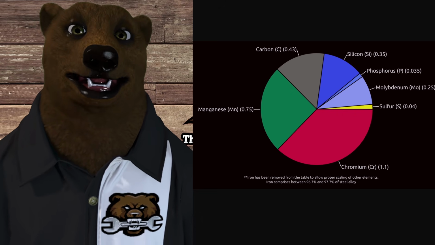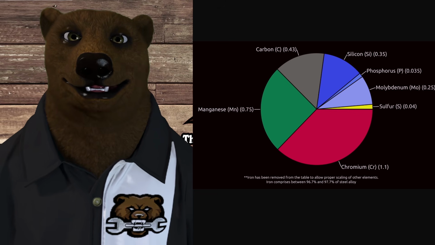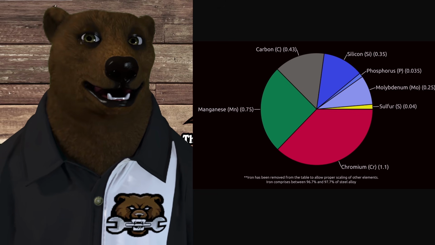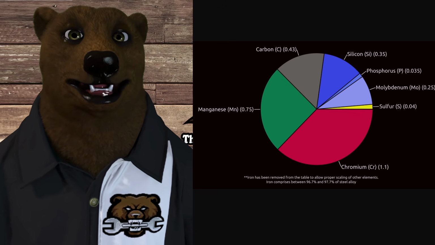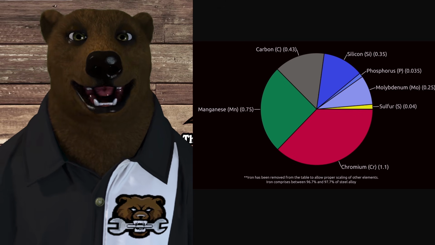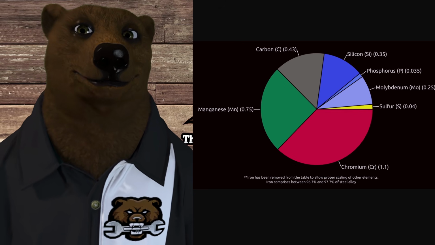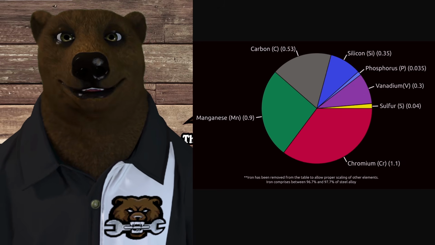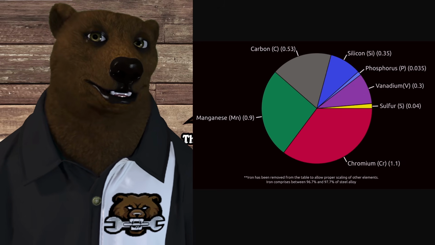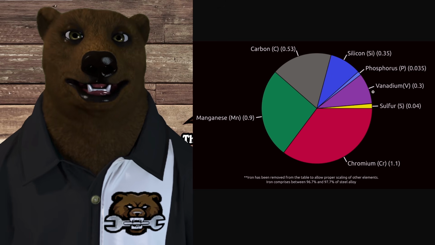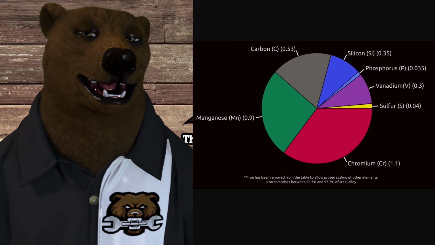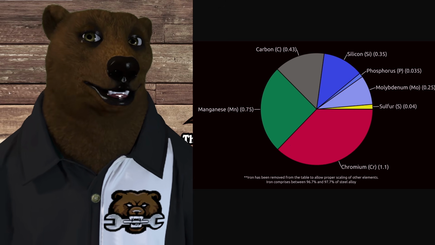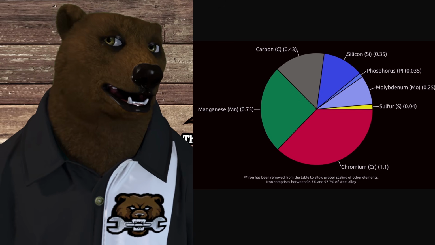Essentially, these all have chromium, manganese, carbon, silicon, phosphorus, and sulfur, making up a vast majority. The chrome, the manganese, and the carbon are by far the largest additions to the iron that you see in these alloys. Now, in chrome vanadium, the only difference here, and if you look, it's right here in the pie chart, you've got 0.3% vanadium, and you've got 0.25% of molybdenum.